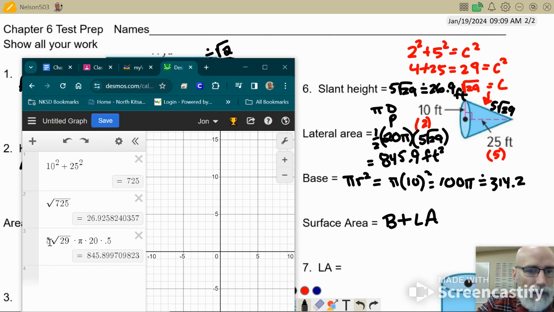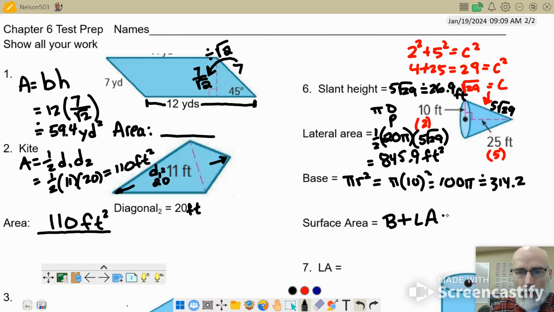That's the lateral area. I just need to add 100 pi to it. So if I put down plus 100 pi, now I've got the surface area as accurately as possible, right? So I put down 1160.1 square feet, okay?